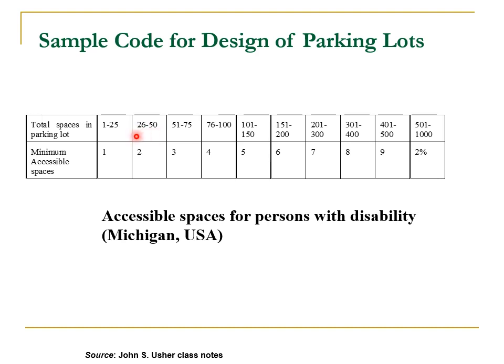If your total parking space is between 26 to 50, then you should allocate two. So depending on the size of your parking space, the number of parking spaces assigned for people with disabilities changes. This is also another source, another table that you can use in your design.